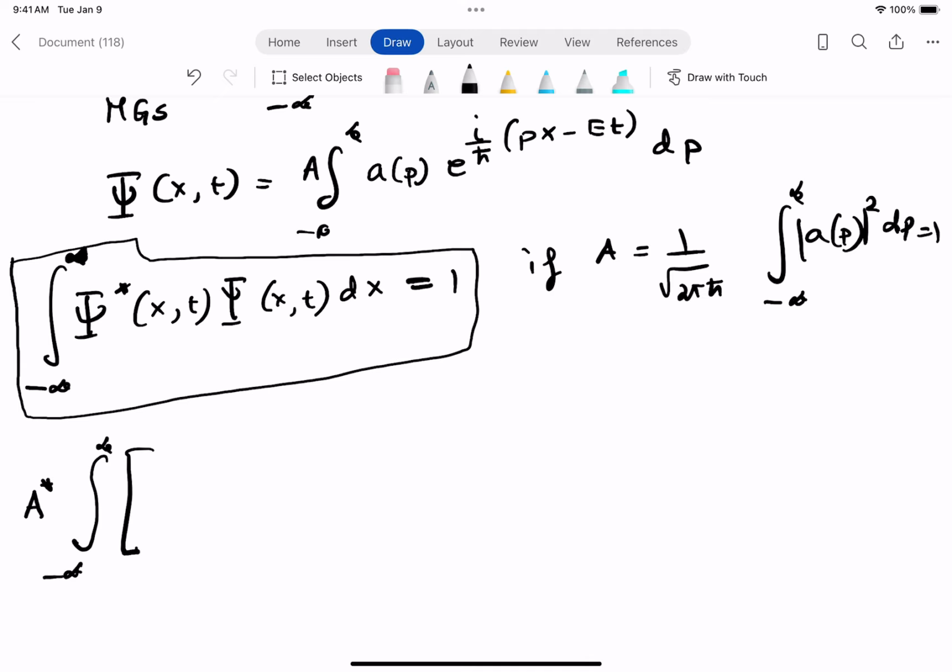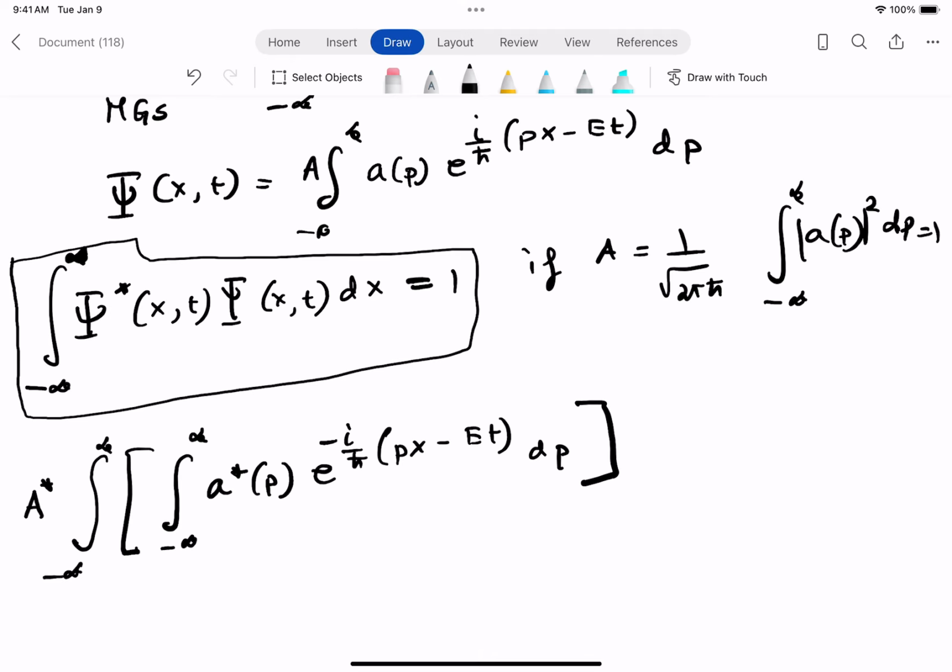Then within square brackets, I'm going to put in the first integral, minus infinity to plus infinity, a star of p e to the power of minus i over h bar, px minus Et, dp.